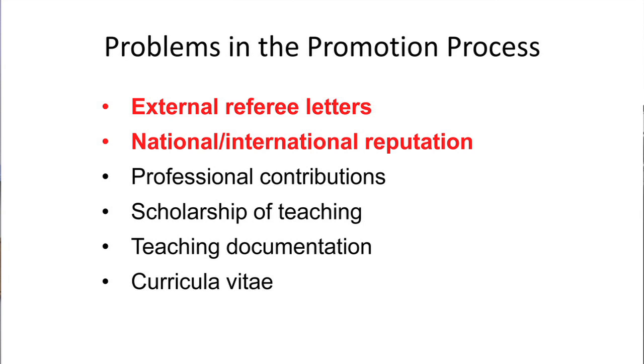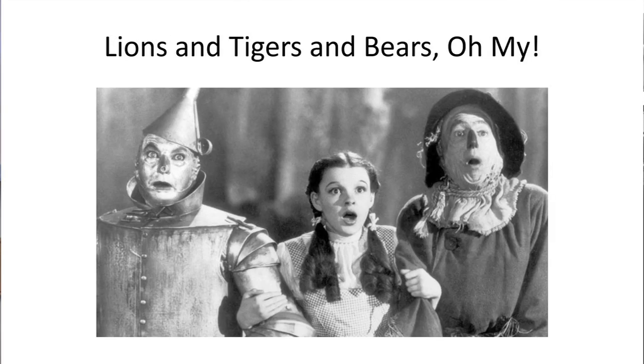These two things are actually coupled. Professional contributions, scholarship of teaching, teaching documentation, and problematic CVs, okay? But by far the things that are creating the largest barriers for our faculty are these two, and this is from another institution, and you can see it's a common problem.